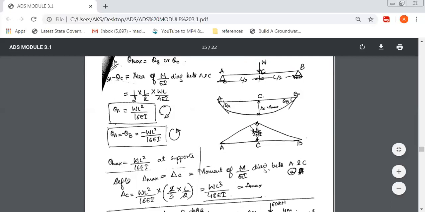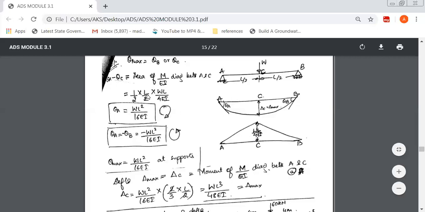It's a point load, so we have written here WL over 4. WL by 4 is the maximum bending moment at C. If you divide this WL by 4 by EI, then we get the M over EI diagram. This is the diagram which we'll be using.